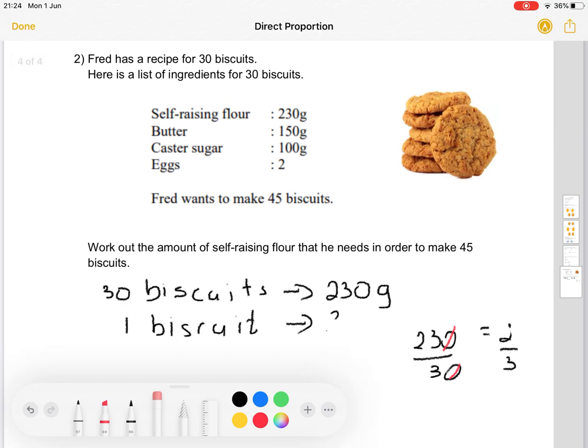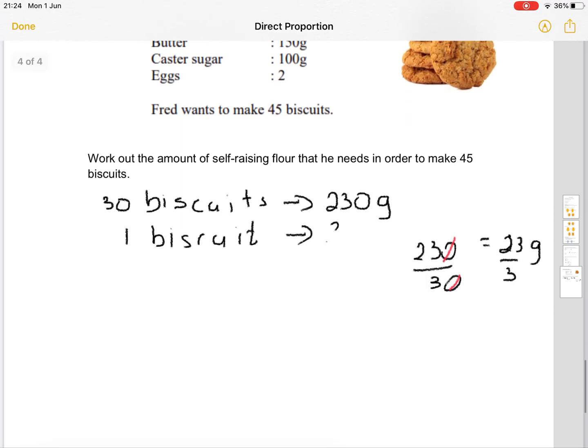Those are grams. It's important: 23 all over 3, if I divide it, it is a recurring decimal. So it's important that in this case you leave, and I'm going to write it down in red because it's important, leave as a fraction.